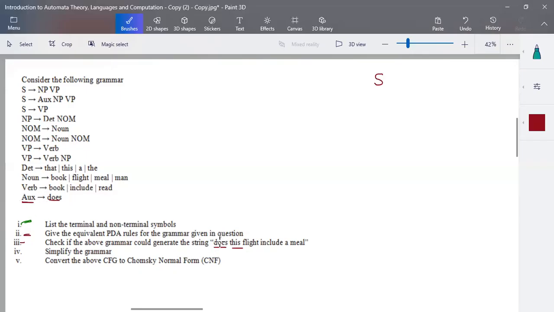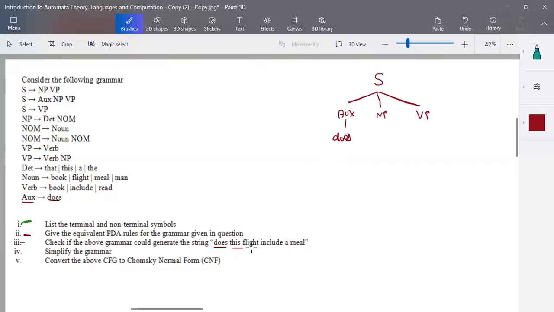The statement starts with AUX, so I take the production rule S goes to AUX NP VP. AUX derives to does. So the first element is done.